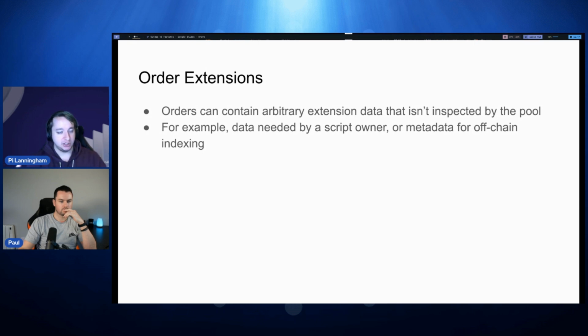The pool contract never looks at this data, so it can be any structure that you want. This also means that if we implement a new order type, like an order with expiration, where the order can't be executed after an expiration date, then you can put that expiration date in the extension data.